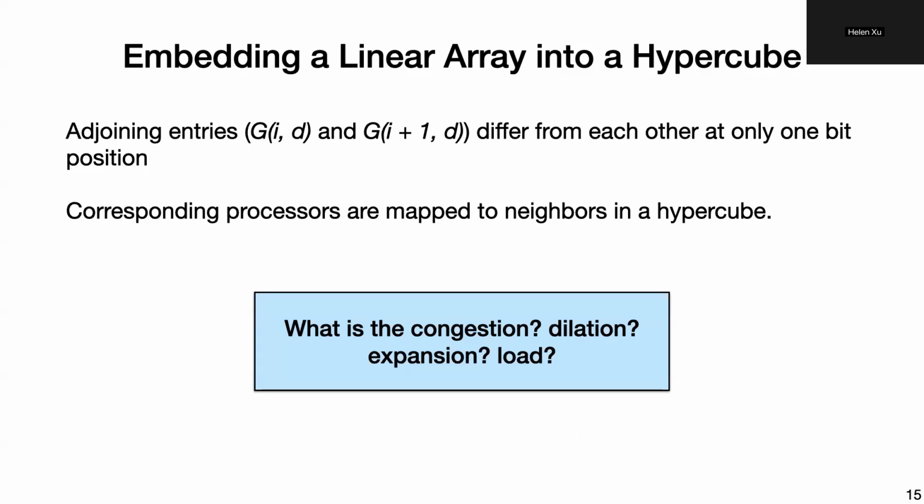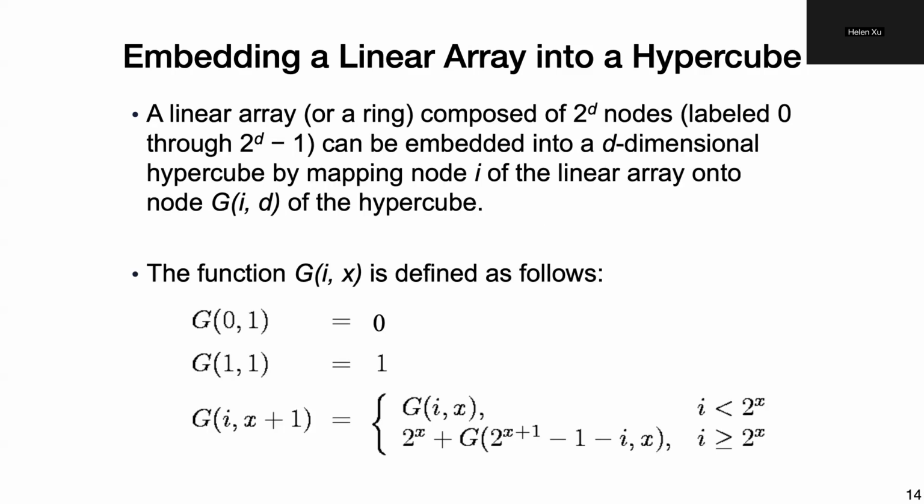Yeah, you have a question? What are these bounds? Oh, this is for index less than 2 to the x. If we're going for dimension x plus 1, 2 to the x is just the first half, and after 2 to the x is the second half.